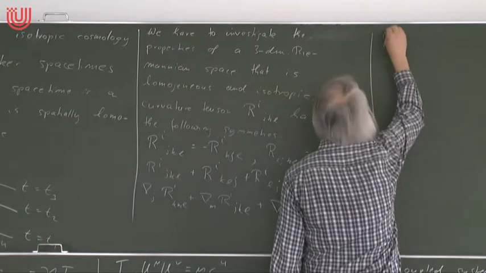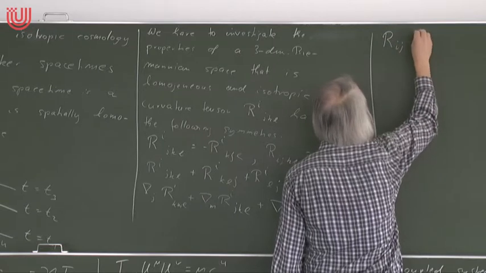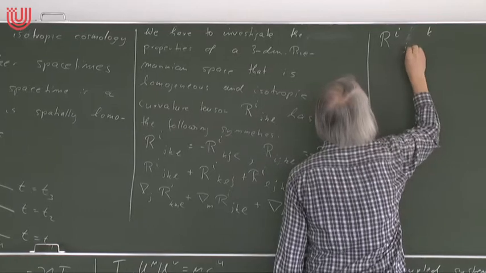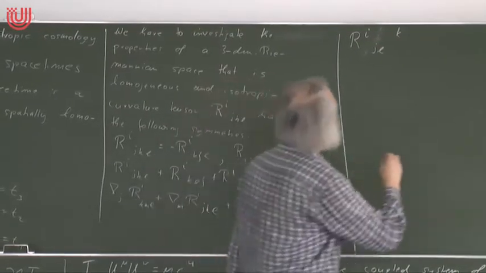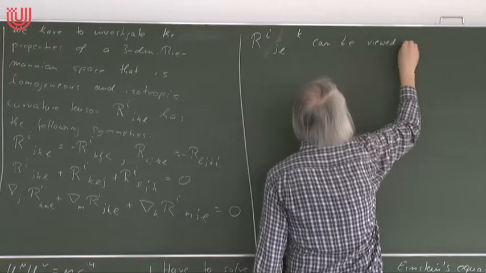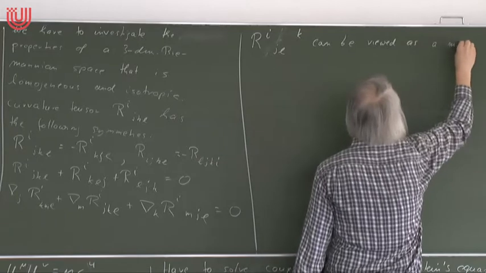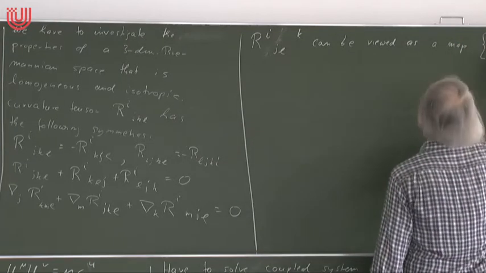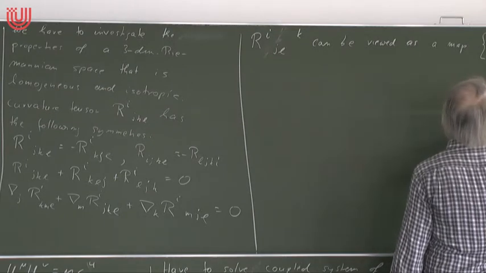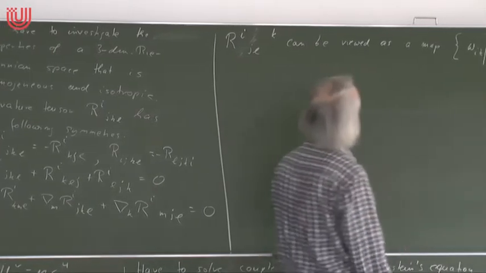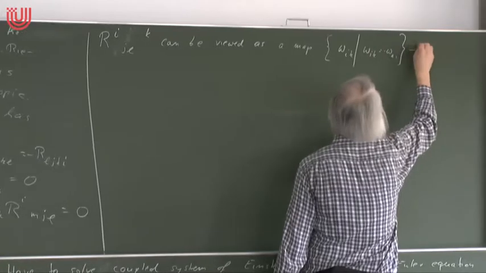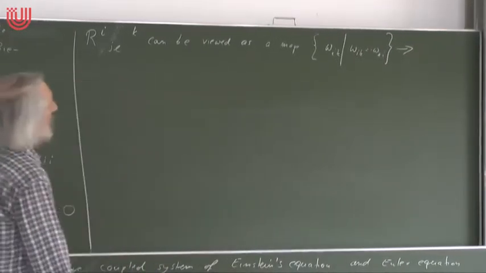So this thing, R_IKJL, with this position, can be used as a map from antisymmetric second-rank tensors, a shorthand notation for the set of all second-rank antisymmetric tensor fields.